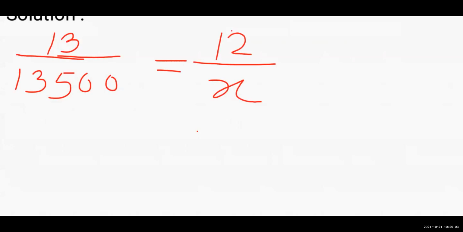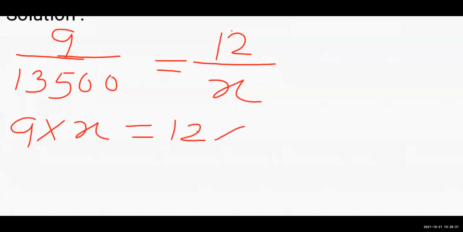13 kg 500 ग्राम में 13, sorry, wrong हो गया, एक second, here 9. Okay. 13 kg 500 में 9 cows, so x में 12 cows. Clear? Now you are going to do the cross multiply. Cross multiply will be 9 into x equal to 12 into 13,500.